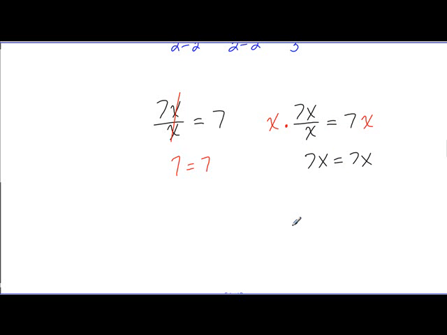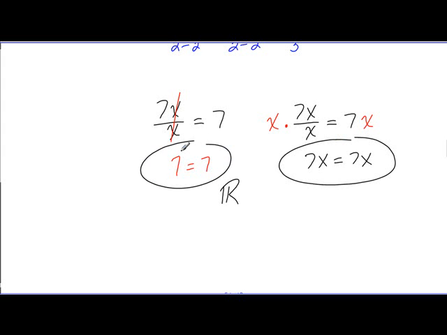This is an example where your solution is any real number, because any value for x you plug into that equation, or any value of x you think about plugging into that equation, is going to make a true statement. So the solution is the set of all real numbers there.